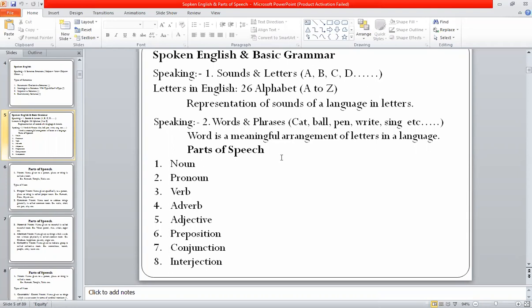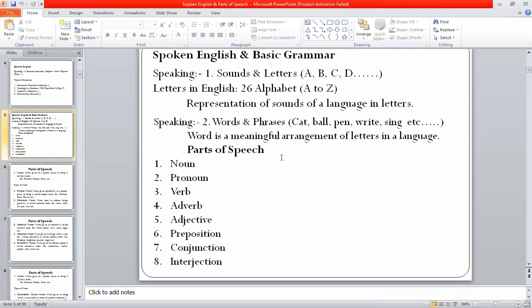Without parts of speech, how can we form sentences? It is impossible. So it is a very basic and fundamental topic that we should learn at the very first step.